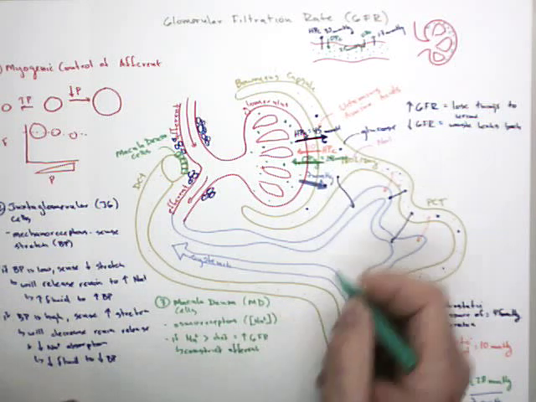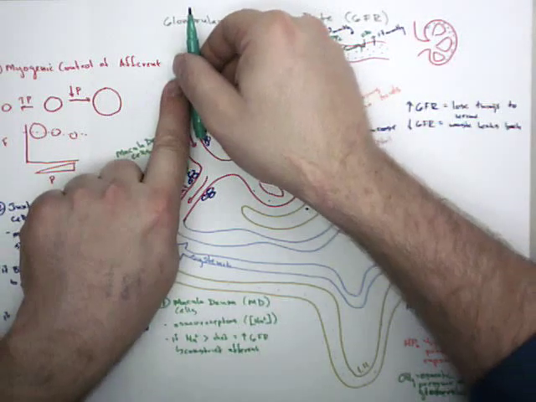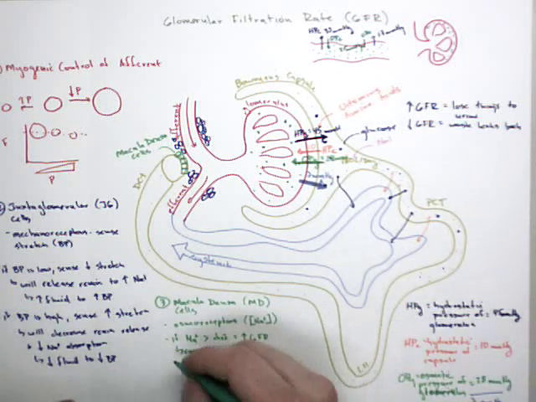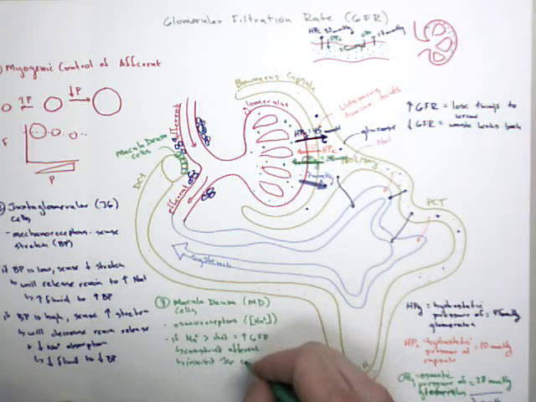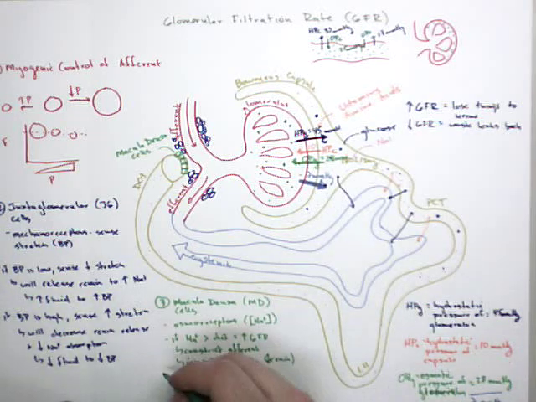If GFR is too high and everything's flowing through too fast, one of the ways we can lower that is to constrict the afferent, so less blood is delivered to the glomerulus and less filtrate is made. These are also going to inhibit JG cells, which will inhibit renin. I should put a down arrow: decrease renin.